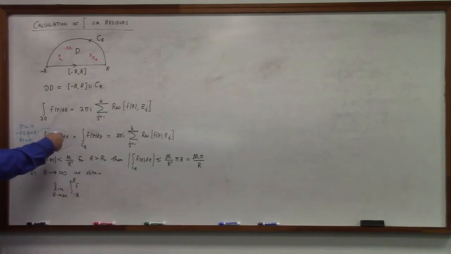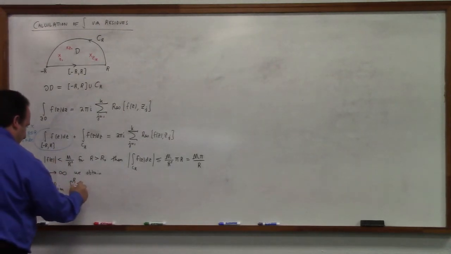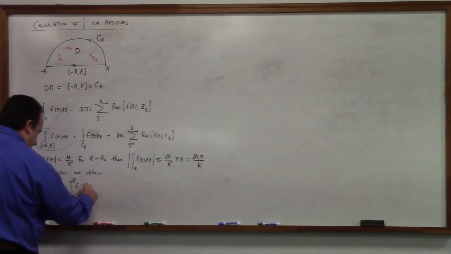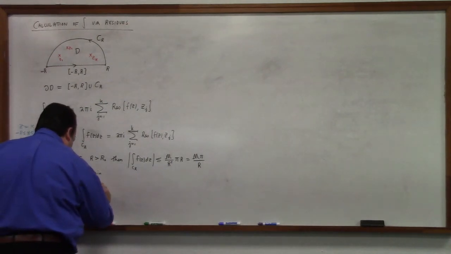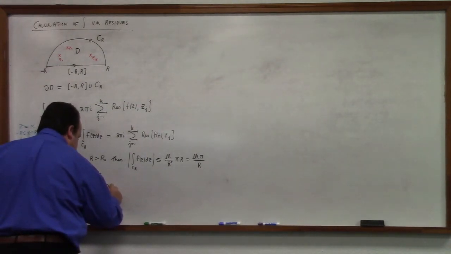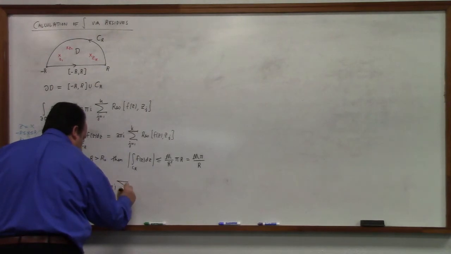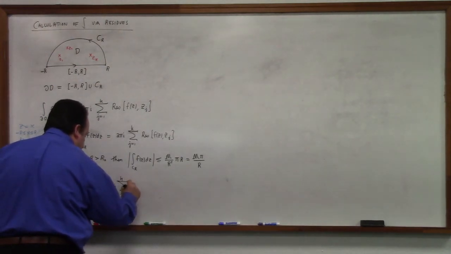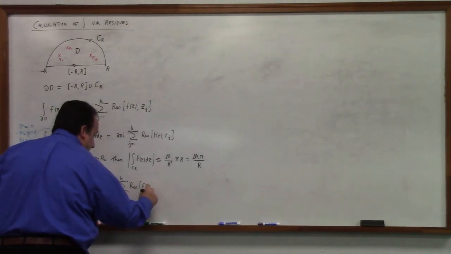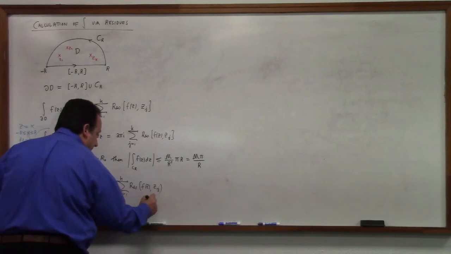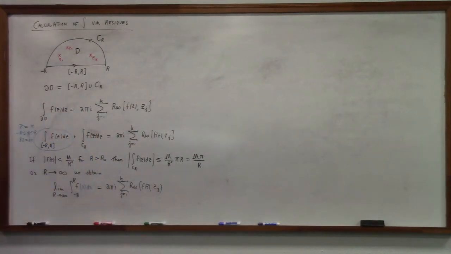So this literally is the integral from minus R to R of f(x) dx, and that is equal to 2 pi i times the sum of the residues. Where's the other term? It's gone in the limit, because those pieces are killed off by the ML theorem, if we can bound the function like that.